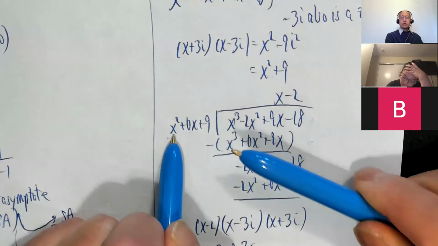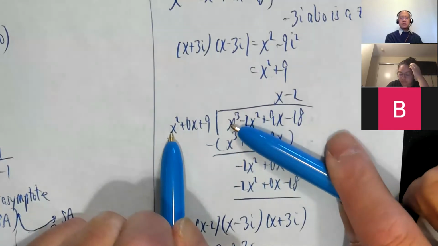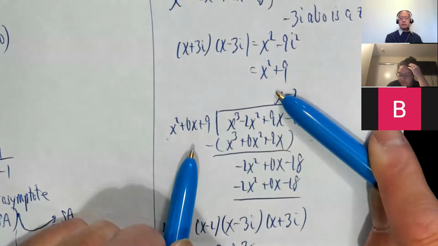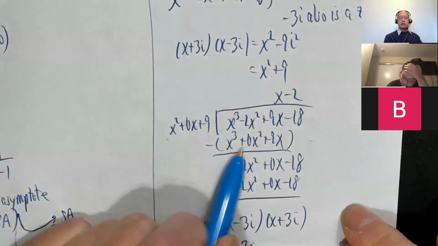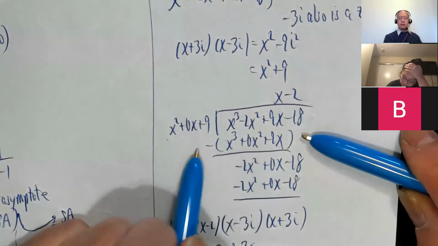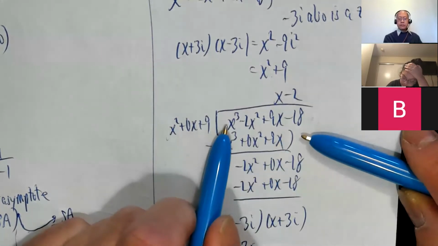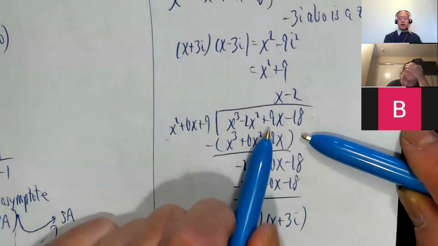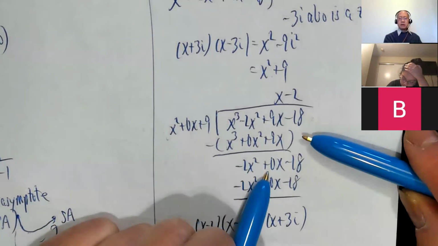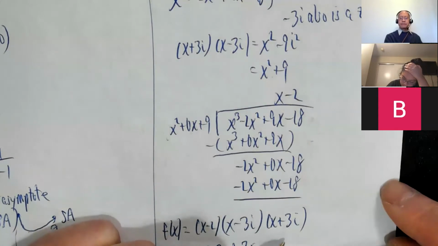All right, so x squared into x cubed, x. Now x times this whole thing, x cubed plus 0x squared plus 9x. Subtract, that cancels out. Negative 2 minus nothing is negative 2x squared. 9x minus 9x is 0, going down to negative 18.